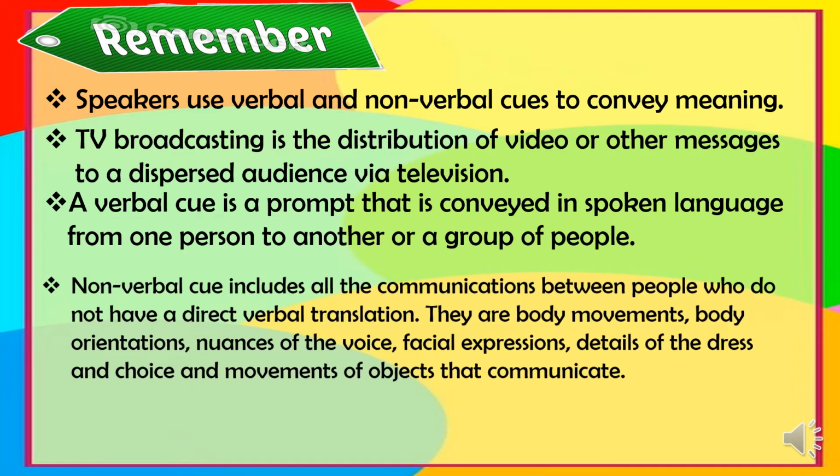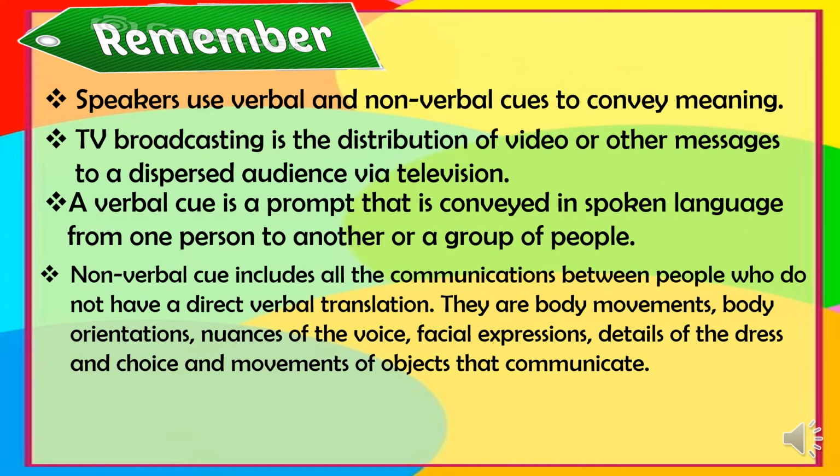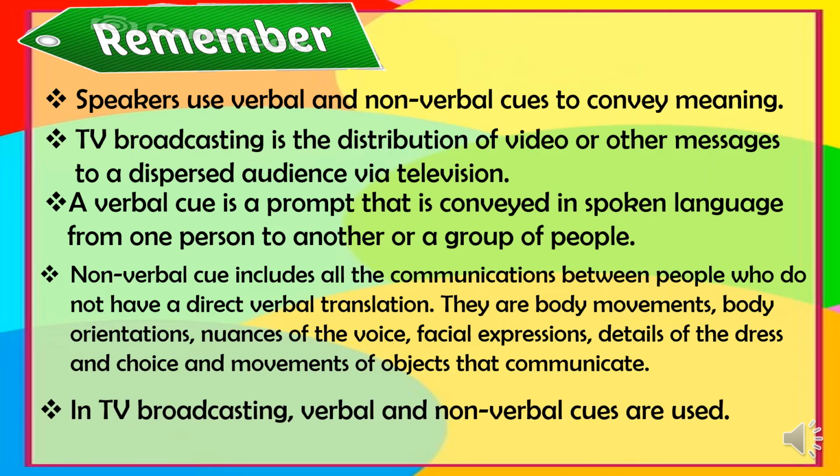Another thing that you must remember, nonverbal cues include all the communications between people that do not have a direct verbal translation: body movements, body orientations, nuances of the voice, facial expressions, details of the dress, and choice and movements of objects that communicate. And in TV broadcasting, verbal and nonverbal cues are used.